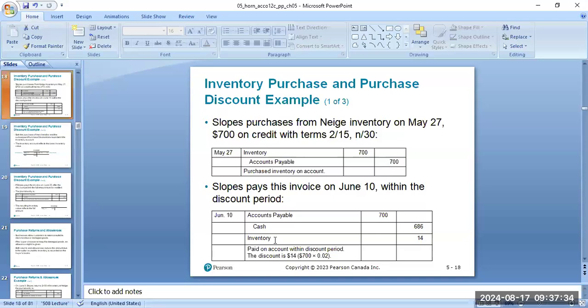The difference is going to go to the inventory account, which means it will reduce the cost of our inventory. So now our inventory is going to cost us $686, which is $700 minus $14. Or, in other words, the inventory is going to cost us exactly the amount of the cash that we paid.